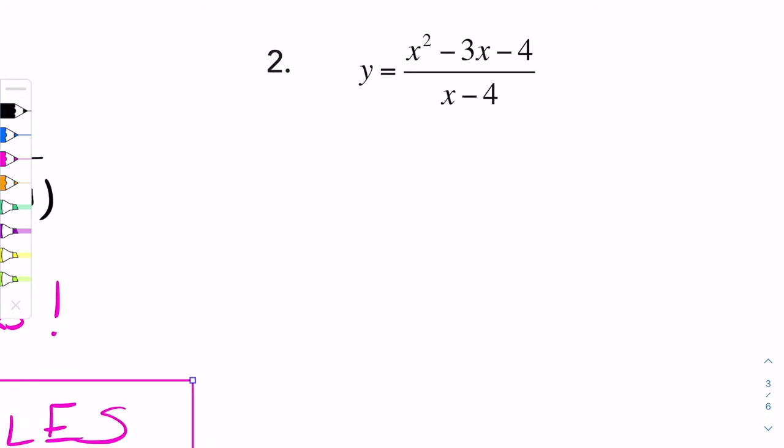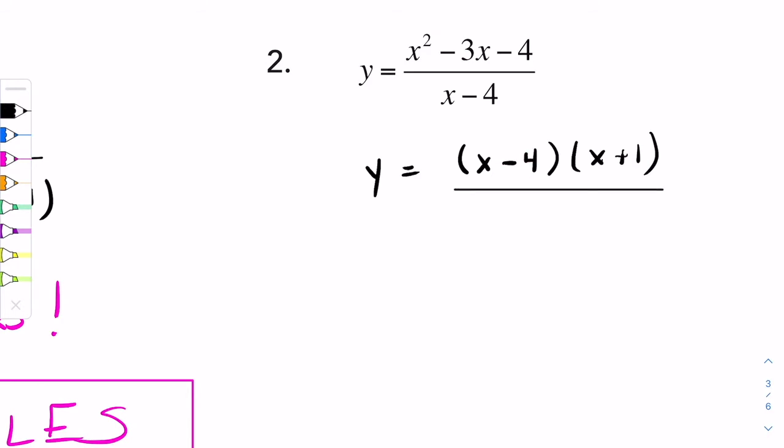Number 2 is x squared minus 3x minus 4 divided by x minus 4. When I factor my numerator, I factor this to x minus 4 times x plus 1, because -4 times 1 multiplies to -4, and -4 plus 1 adds to -3. This is divided by x minus 4.